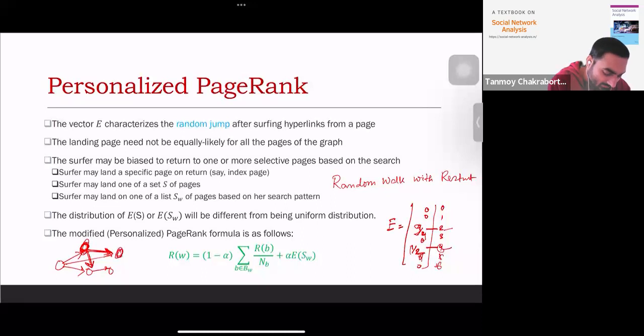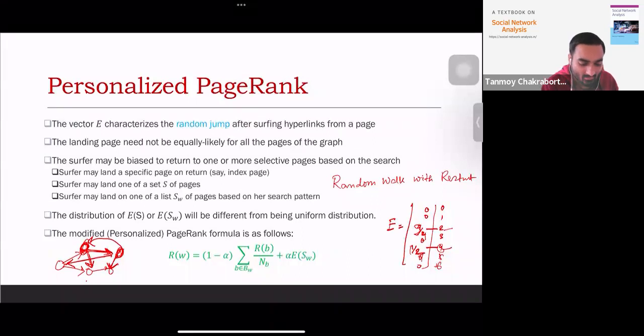When you are at this node, you can follow this hyperlink or that hyperlink, but if you want to jump, you are not allowed to jump to any node. You are only allowed to jump to the initial node. This is called random walk with restart, meaning you do a random walk, but when you want to jump, you restart from the beginning.